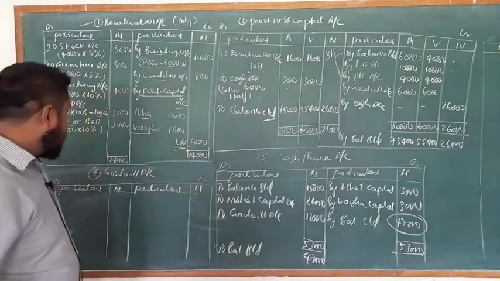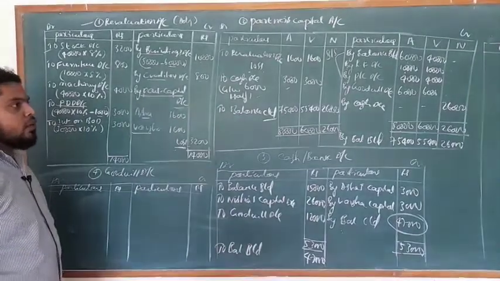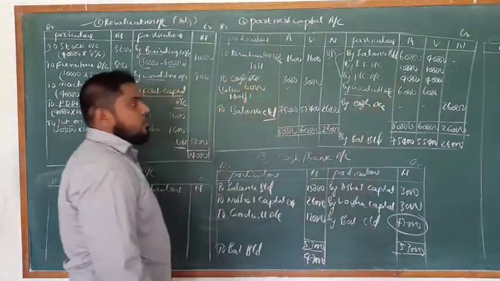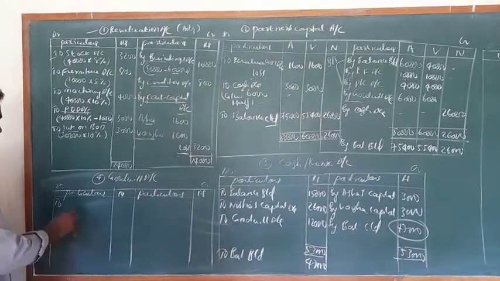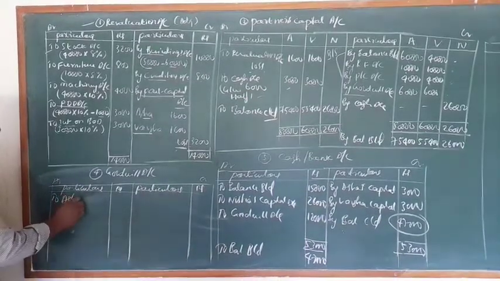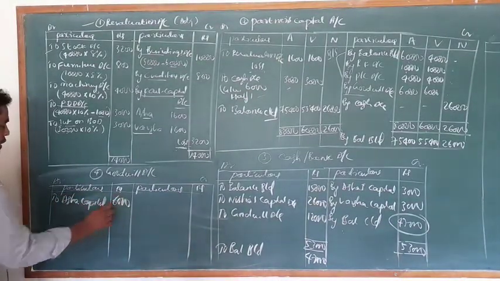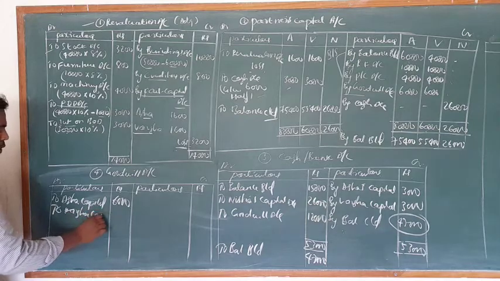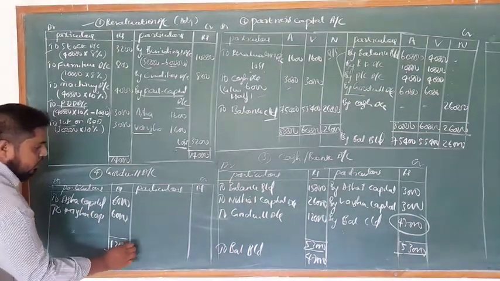And the same goodwill amount: goodwill brought by the new partner in the form of cash. So who has brought goodwill here? The new partner. So we have shared it among the old partners. So Asha's capital account, Asha 6,000. Next, Varsha's capital account 6,000. So total 12,000.